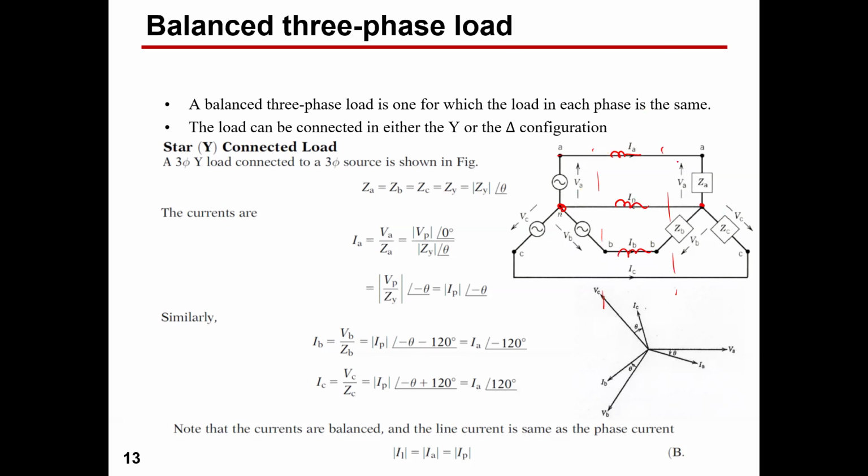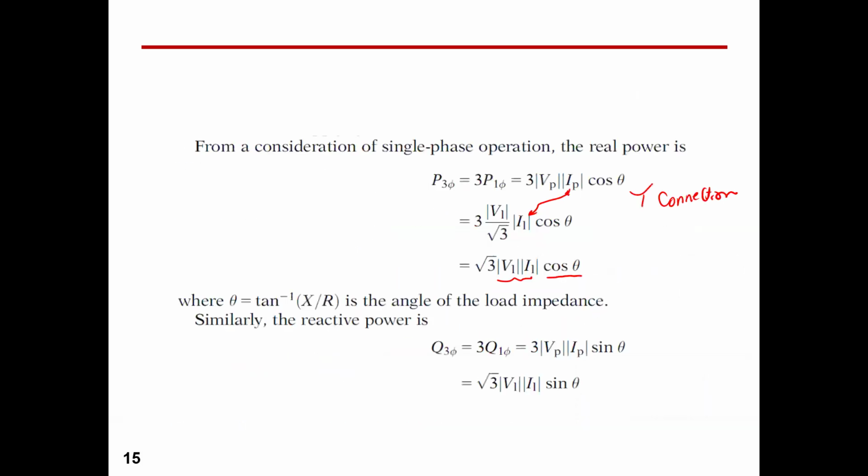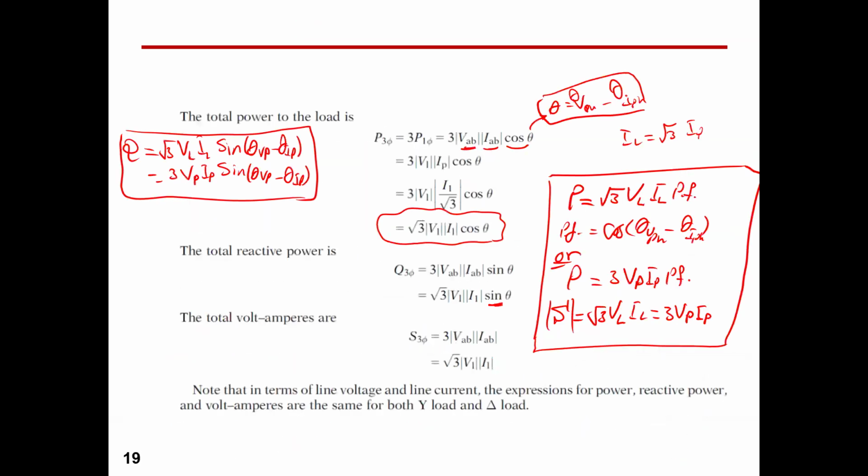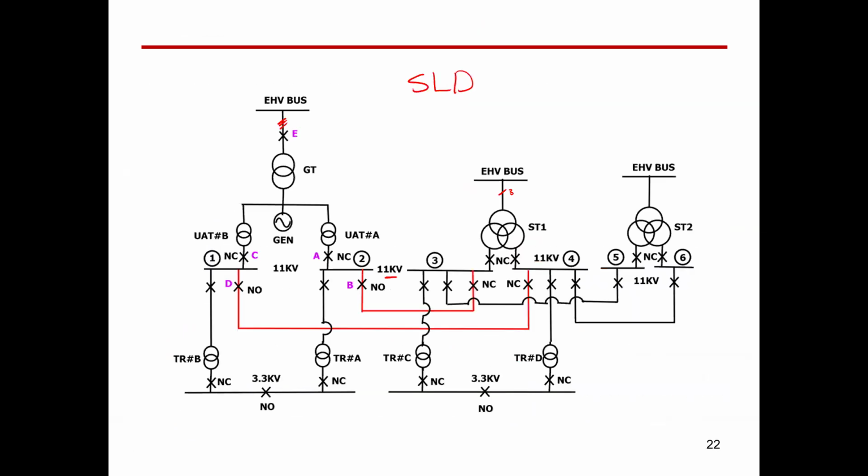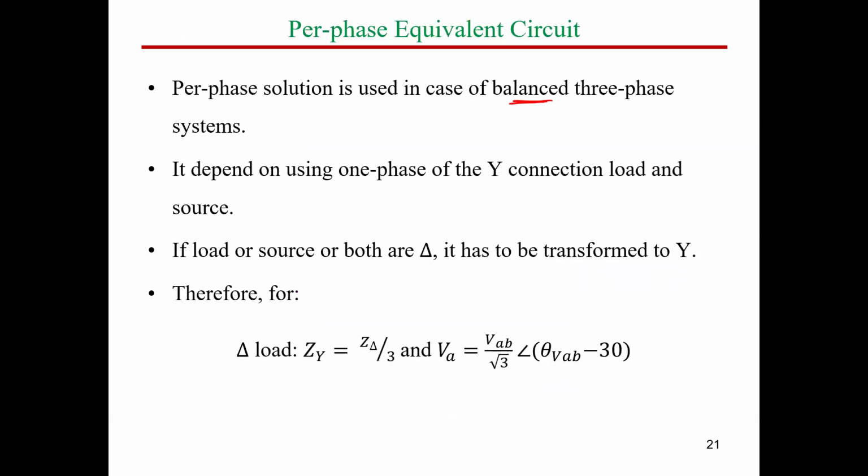But if the system is delta, if the supply is delta, or the transmission line is delta, or any other system in delta, we cannot connect in series anymore, correct? So because of that, guys, if you have any delta connection in your circuit, you need to convert that to Y in order to make a single line diagram or per phase circuit, okay?